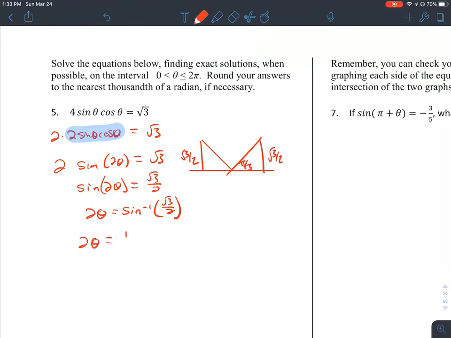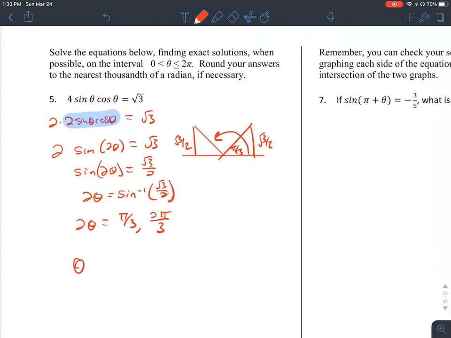So 2 theta is pi over 3, and it's also going to be 2 pi over 3. Solving for theta then, that's going to make pi over 6, or pi over 3.